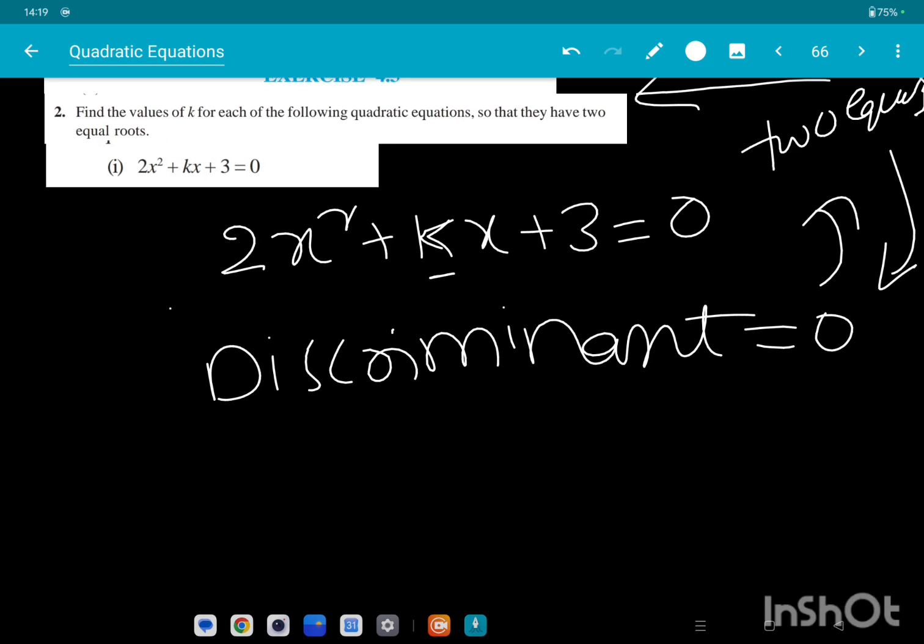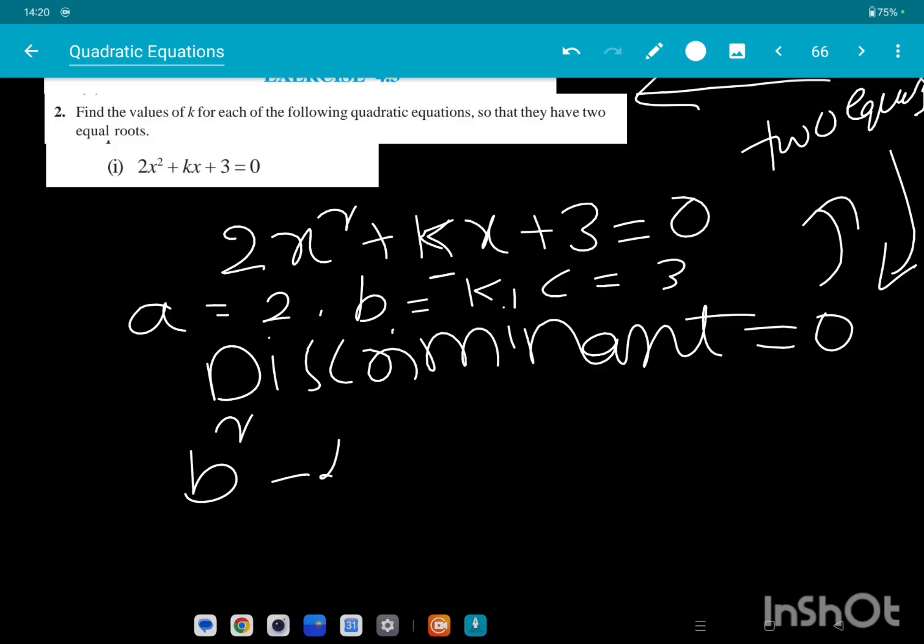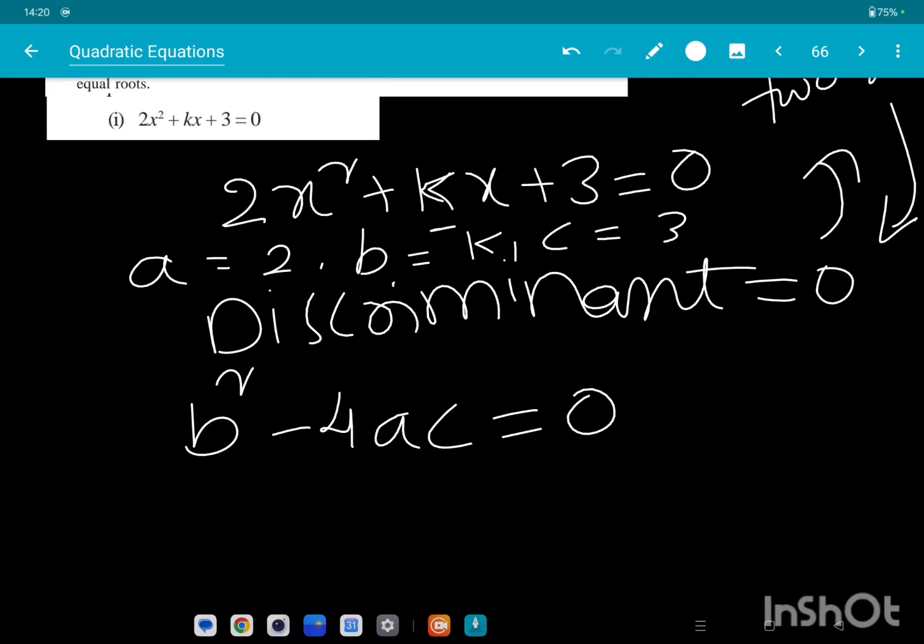So I will write it here. a is equals to 2, b is equals to k, and c is equals to 3. Now we need to find the discriminant. It was already given two equal roots, which means the discriminant is 0. So b square minus 4ac is equals to 0. What is the b value? k square minus 4 into a value is 2 and c value is 3 is equals to 0.